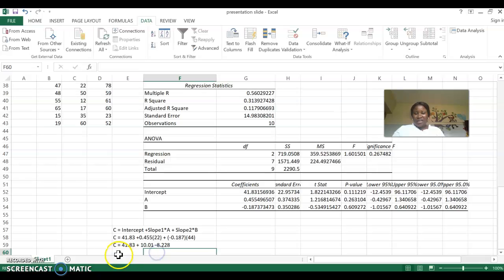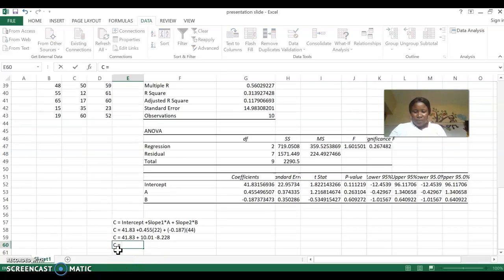So expanding further, C equals 51.84 minus 8.228.